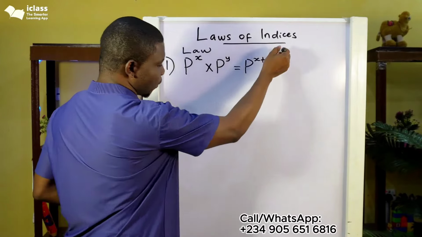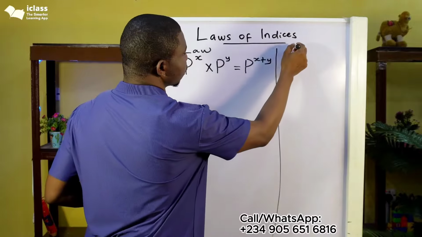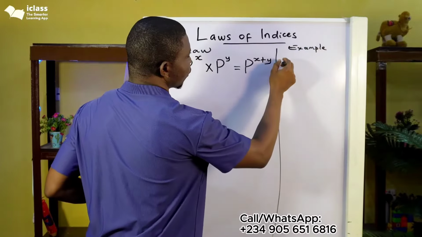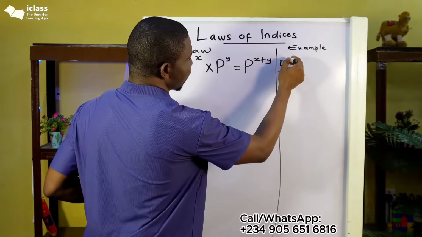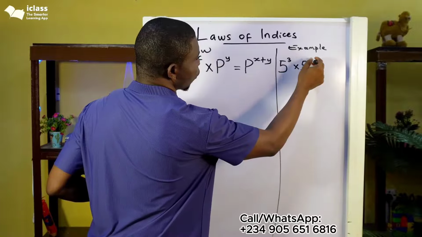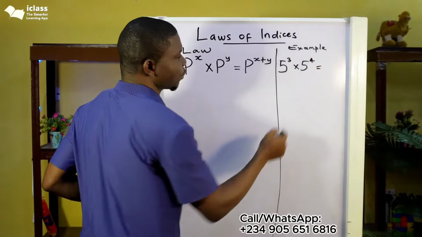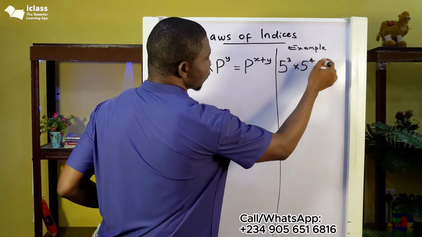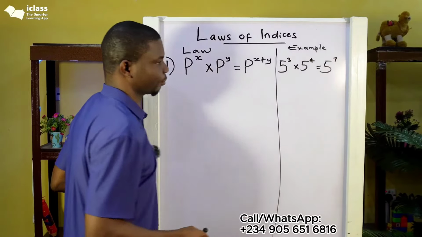Make sure they are indices of the same base. So let me give an example. Let's say we have 5 to the power 3 times 5 to the power 4. So what would this give us? This will give us 5 to the power 3 plus 4, which is 7.